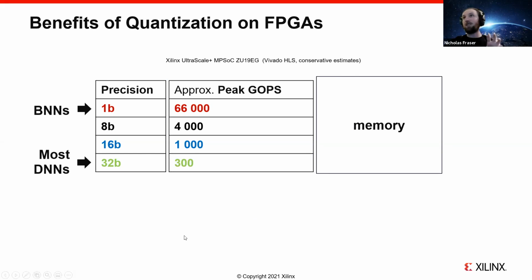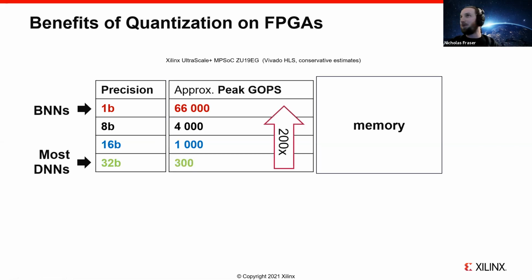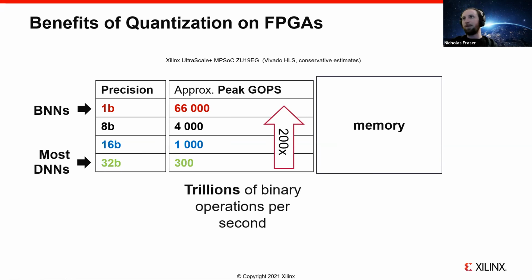And if you pack out the device with those operations, this is what you would get, basically. So you could achieve, let's say, maybe 300 gigaops of peak performance at floating point 32. But if you go to binary operations, it probably doesn't surprise you, you're going to increase that a lot. But it's a 200x increase in performance. So this gets you to 66 teraops of performance, right?